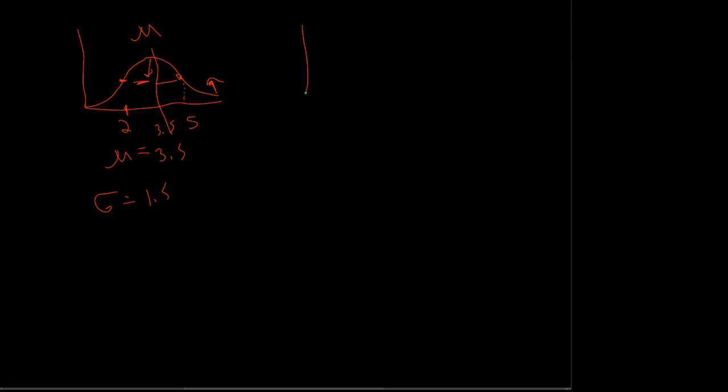Well, I can have another distribution that's narrower, but the mean can still be at 3.5, right? But the standard deviation is only going to be 0.7. So these inflection points get sucked in, and most of my stuff is closer to the mean.